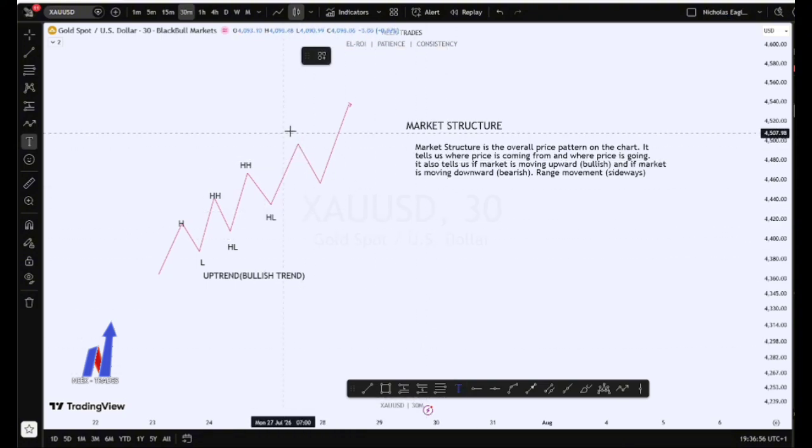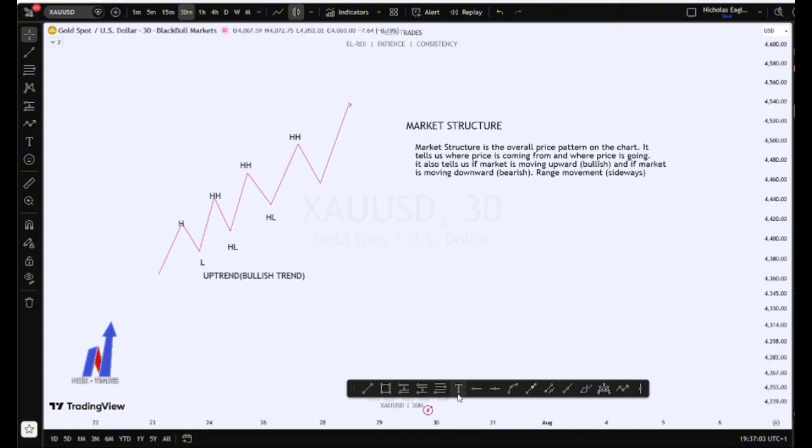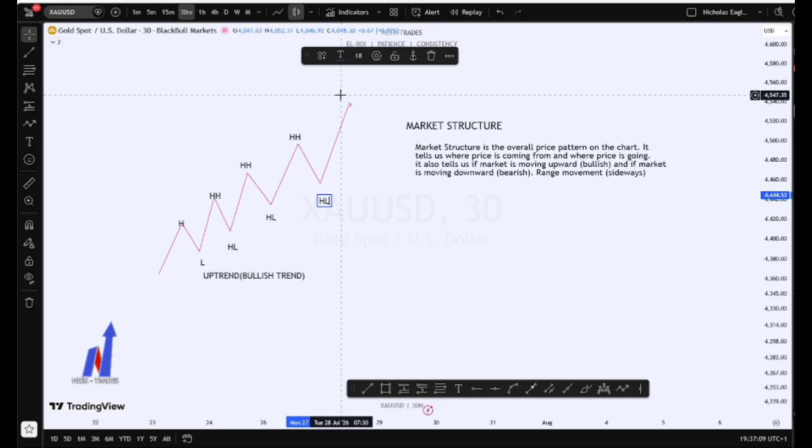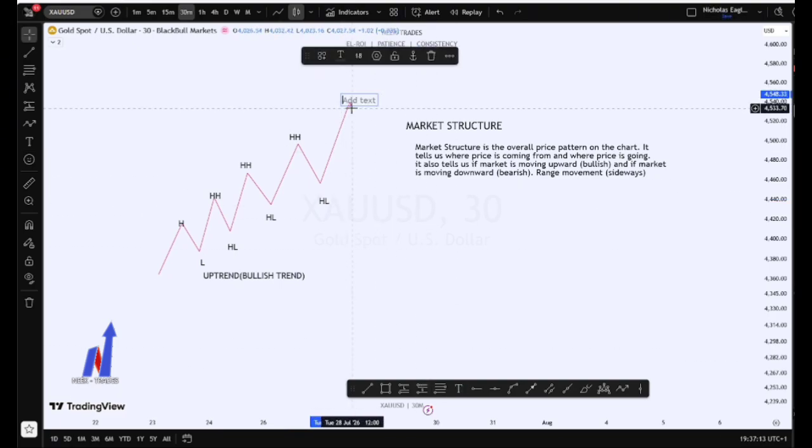This is what the market produces whenever the trend is bullish. Higher high, higher low, and so forth until the market changes structure or character.